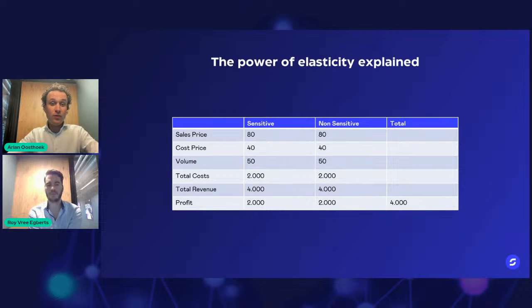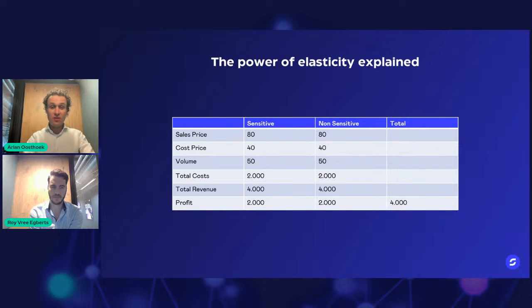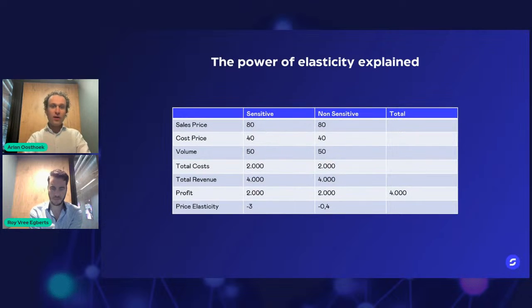So it's 2,000 for each product, which makes 4,000 as a total profit for these two products if you treat them the same without respecting the elasticity scores. I hope you're still with me, but this is a normal economic business situation where you sell products without optimizing them on elasticity.